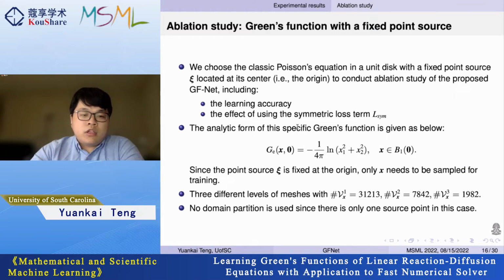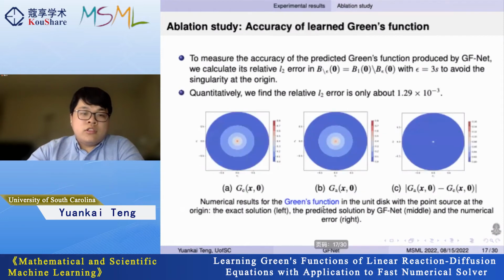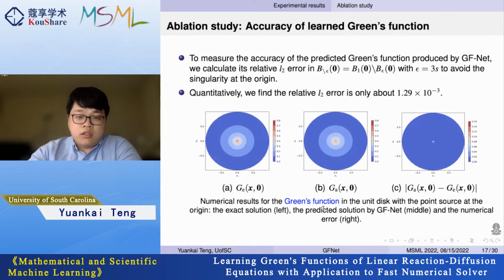The analytic form of this specific function is given below. Since only the origin is the ξ, we only need to sample X once. Three different levels of meshes are given here, and no domain partition is used since there is only one source point. So here is the result of our learned Green's function.